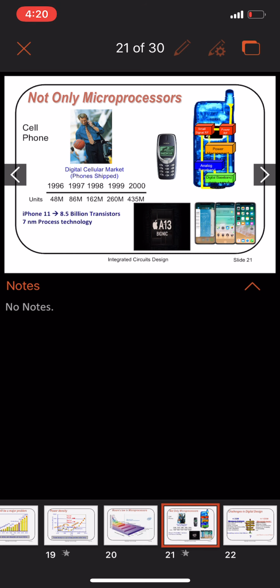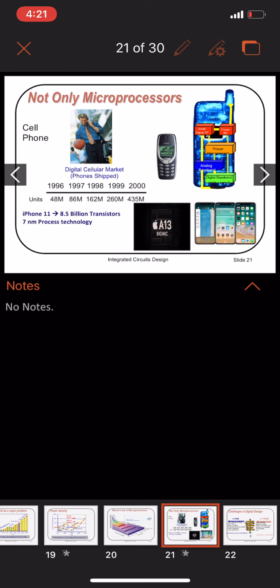One example is the iPhone 11. This device has 8.5 billion transistors inside the A13 processor, and this processor was built on 7 nanometer process technology. You can see the difference between the devices in the 1990s and 2020.